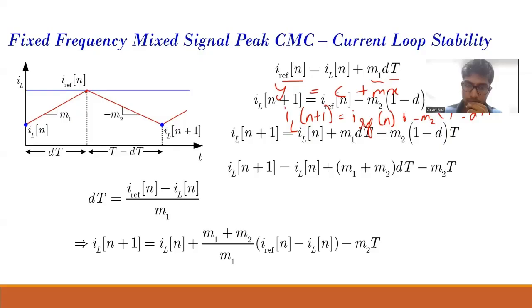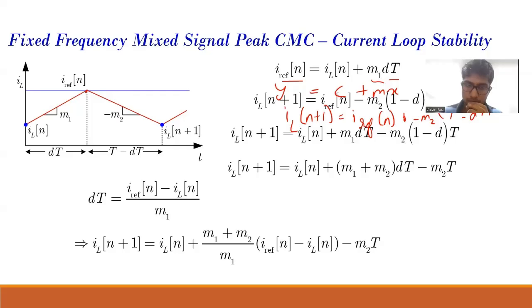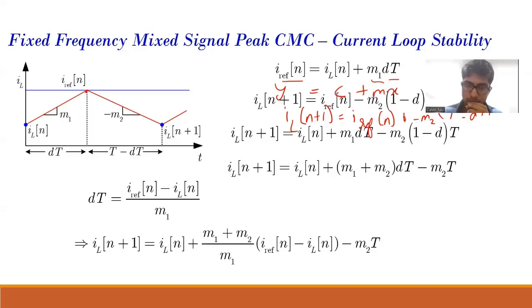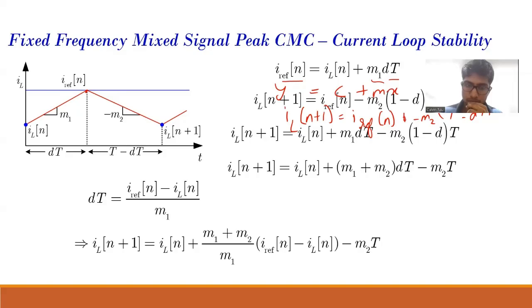In case the duty ratio is very small, like this, my inductor current will rise like this, and it will fall like this. In this case my duty ratio is less than 0.5, and then I can apply peak current mode control. But if duty ratio is less than 0.5, I cannot apply valley current.